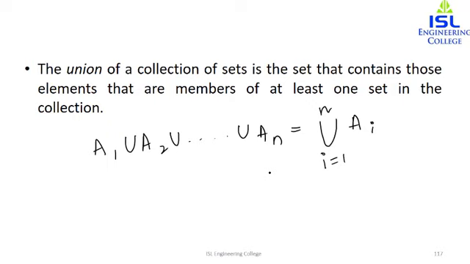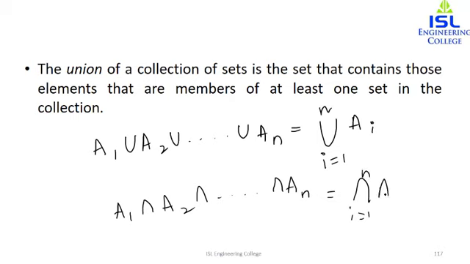Okay, so it is the union of all the sets. Similarly for intersection, it will be the intersection of all the sets. So we took an example with 2 sets and 3 sets, but for multiple sets you can have a formula in this way: intersection of Ai from i = 1 to n.